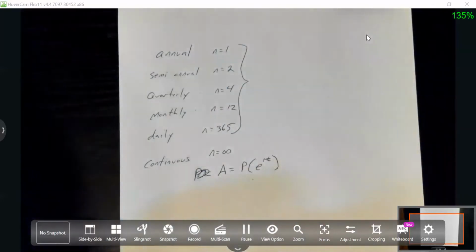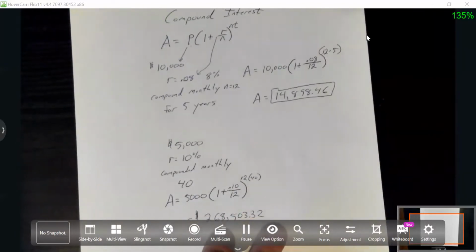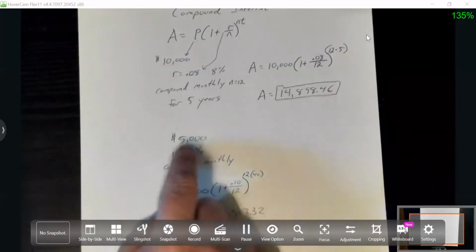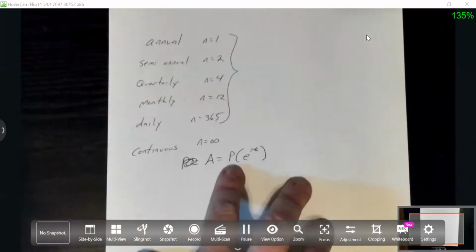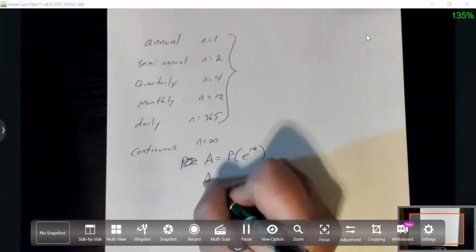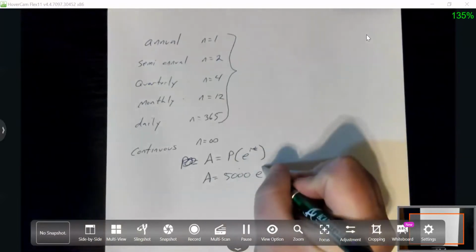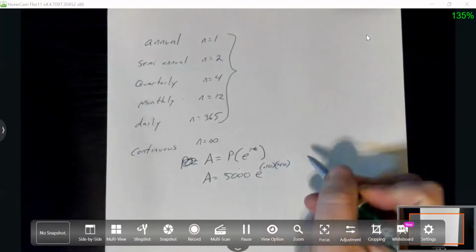So let's look at one example of the theoretical limit of how fast this can build. So let's actually look at that previous problem. So our $5,000 investment for 40 years would yield $268,503.32. So let's do the exact same investment of $5,000 at 10% for 40 years, but compounding continuously. So if we did that, that's $5,000 times e to the 10%, so 0.10, times the 40 years.